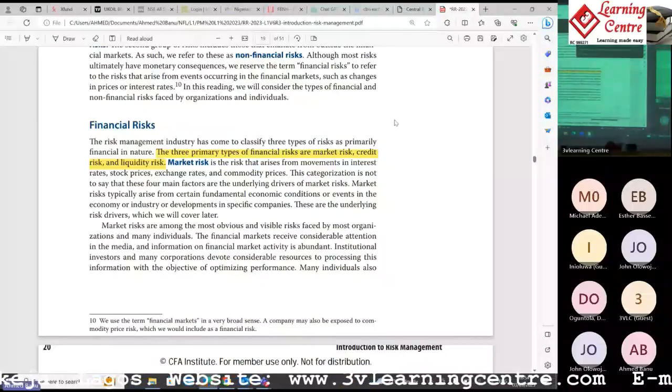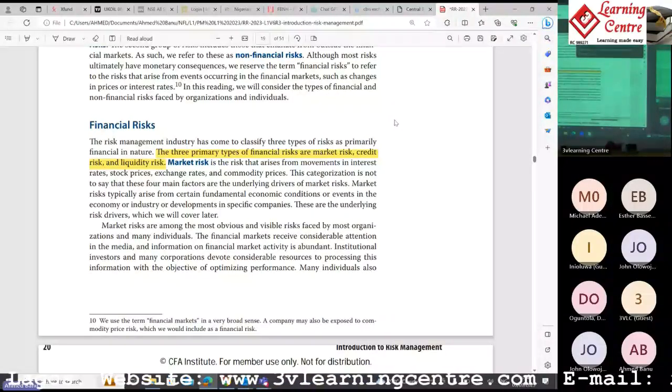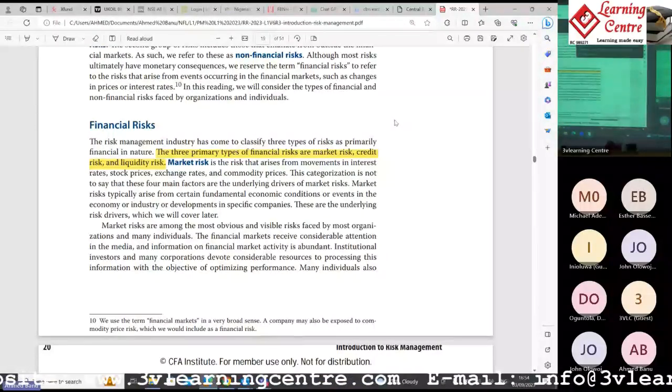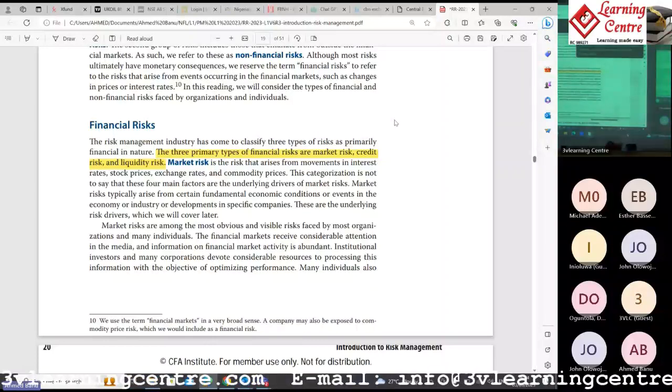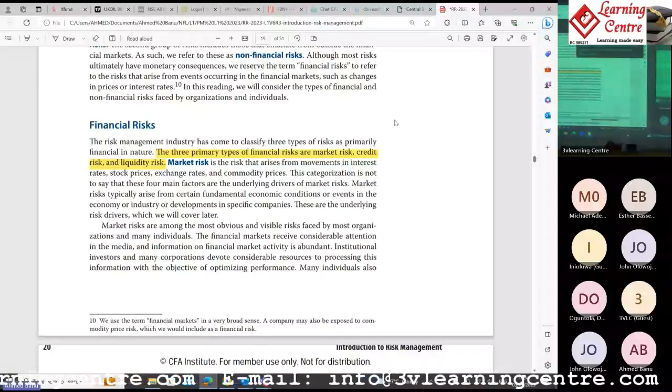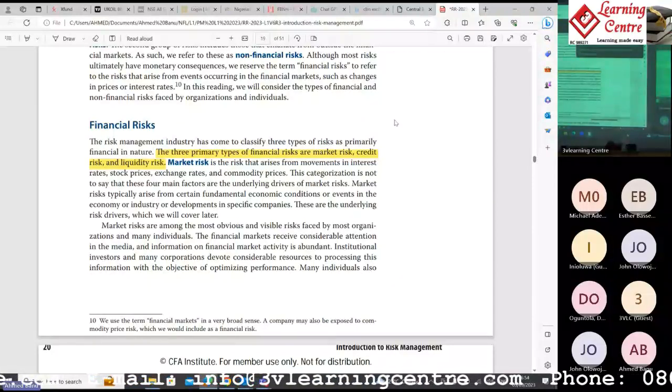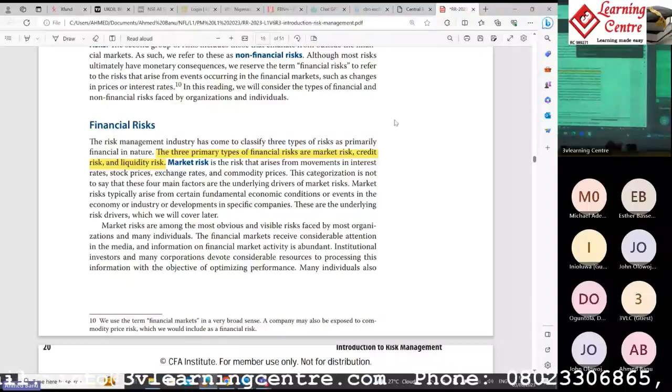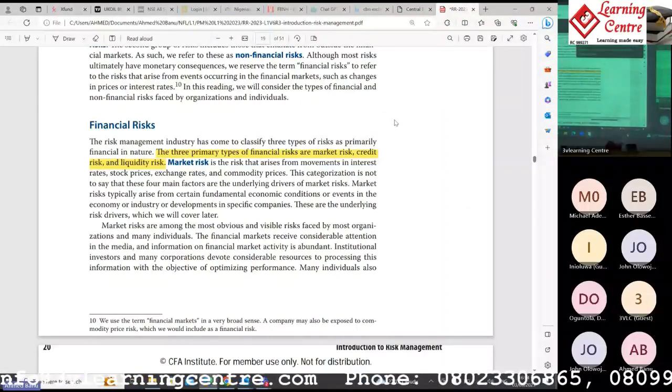For portfolio managers, it is the most important risk, the risk that you cannot avoid, because all assets have prices, and as long as they are moved by demand and supply, which they all do, you are exposed to market risk.